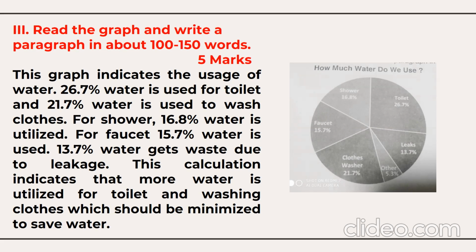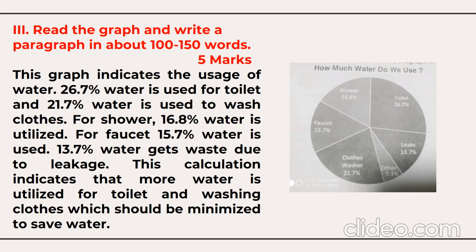This pie chart indicates the usage of water. 26.7% water is used for the toilet, and 21.7% water is used to wash clothes. For showers, 16.8% water is utilized. For faucets, 15.7% water is used. 13.7% water is wasted due to leakage.